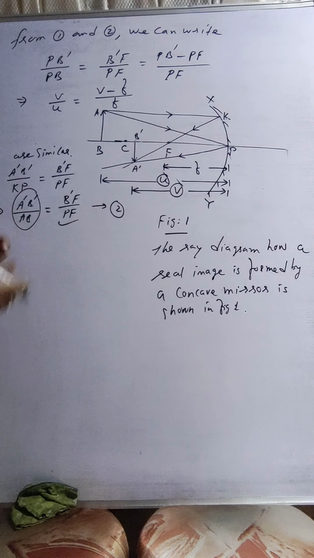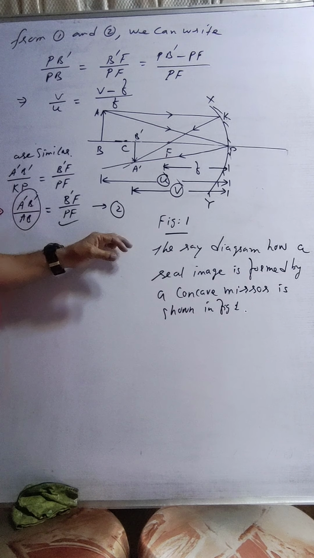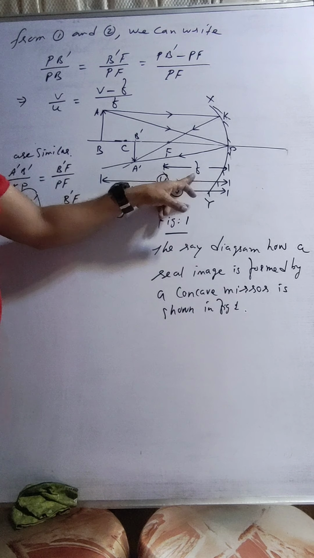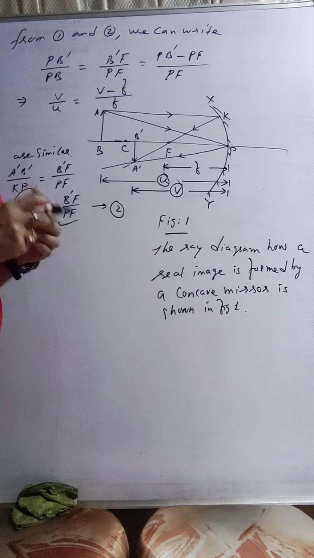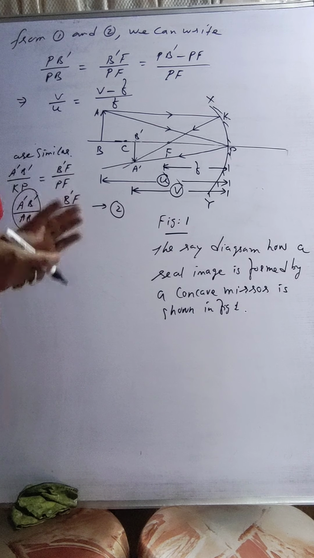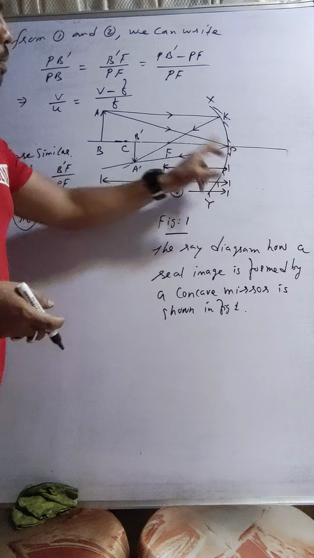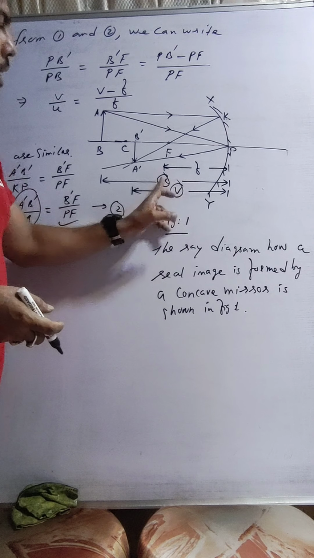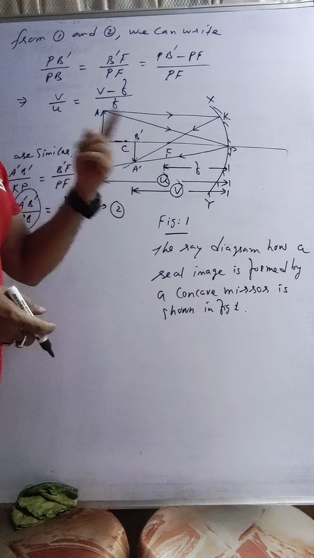Right? Now use sign conventions. As I have told you earlier, U, V and F are all negative. In the last video, we discussed the sign conventions. If distances are measured from pole, if a particular length or distance is in front of the mirror, it is taken as negative.